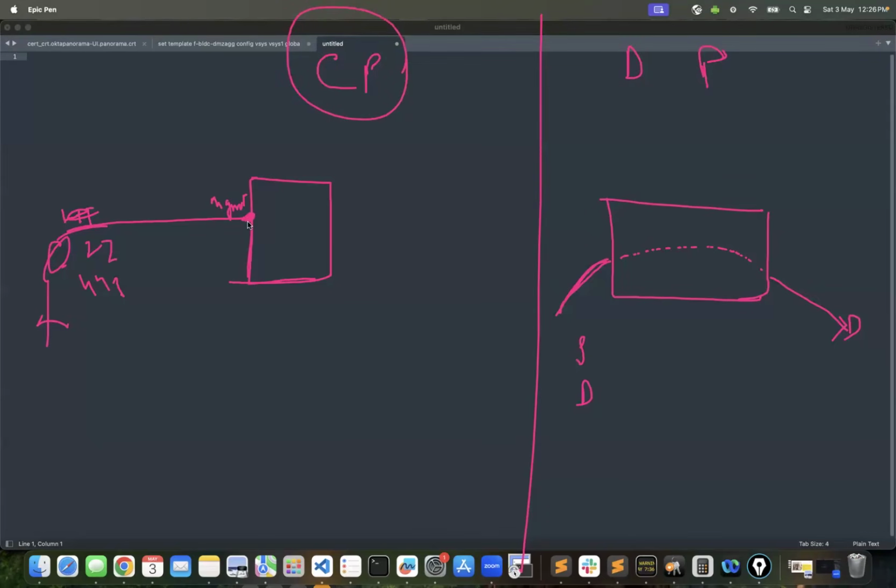This type of traffic is traversing through your firewall, using all the functionality of the firewall, and going in and out. This kind of traffic is called data plane traffic. This type of traffic is used to control the device: control plane traffic. That is one of the traffic types, called management traffic.